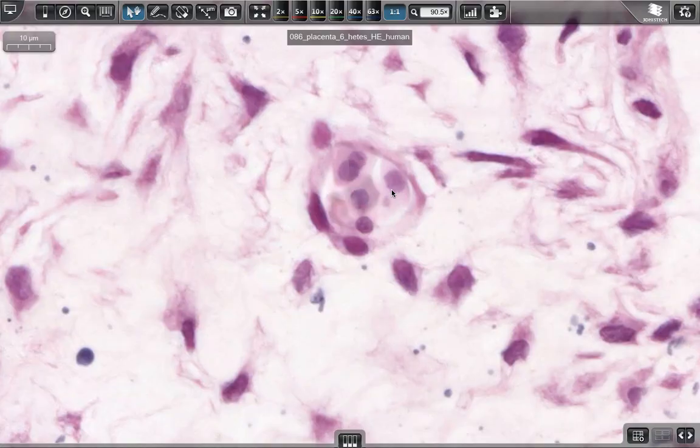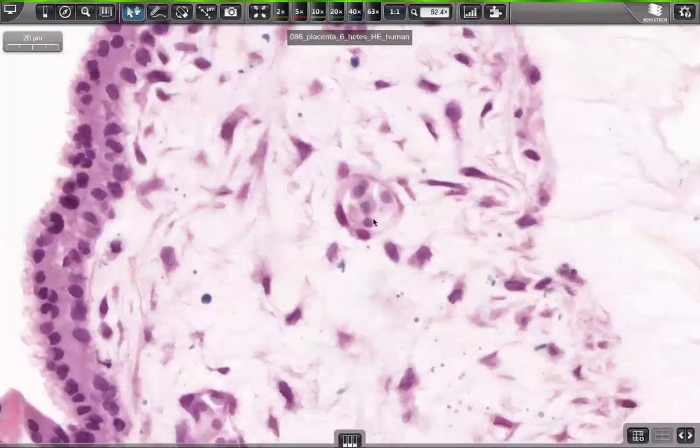You know, the matured red blood cells don't have nuclei, but we are at the very beginning of the development, and the early, developing red blood cells have nuclei. So the nucleated red blood cells are the typical structures in the vascular capillaries.